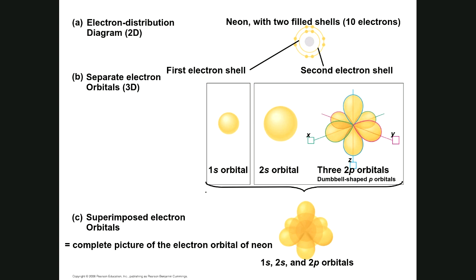The s orbital exists in all the shells of all the elements, from the beginning. The second s orbital, 2s, exists in the second shell and up.